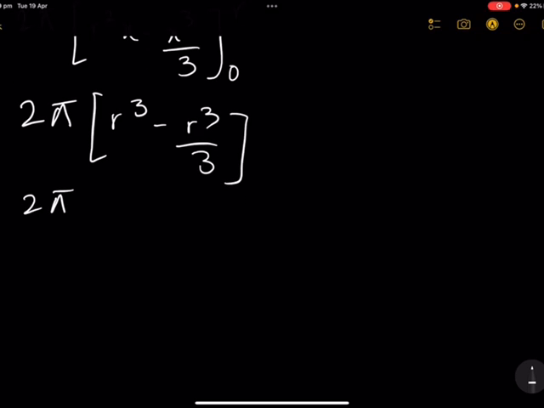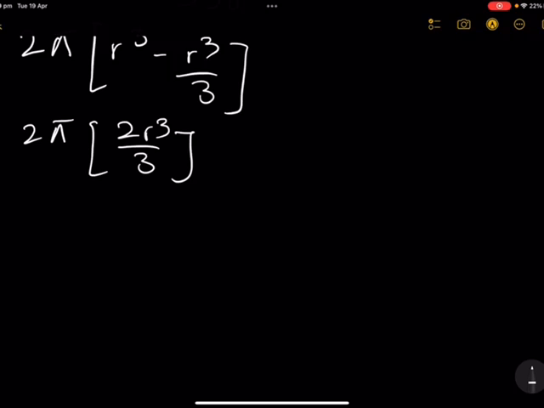Simplifying this, we would get 2r cubed over 3. And our final simplification will lead to the volume being 4 pi on 3 times r cubed. And that is the formula of a sphere.